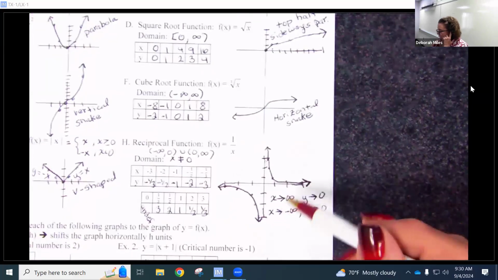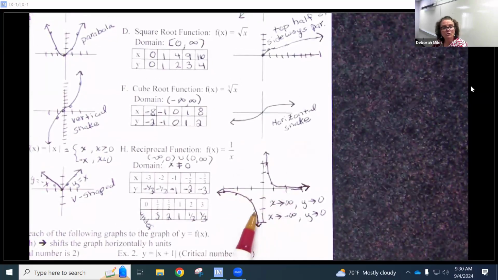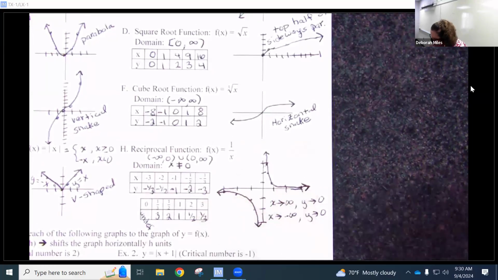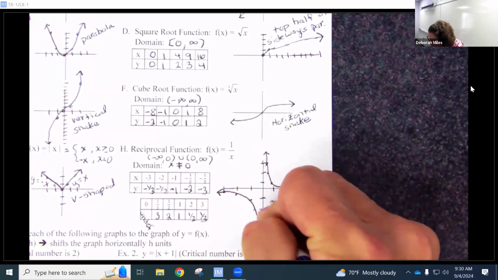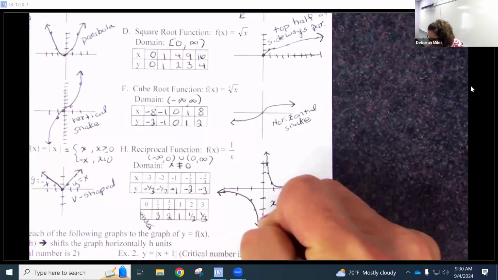When you have a horizontal line that the graph gets closer and closer to as x goes to either -infinity or +infinity, that horizontal line is called a horizontal asymptote.